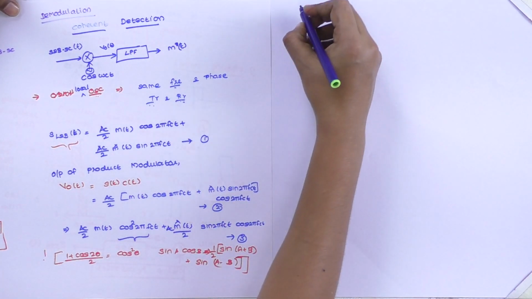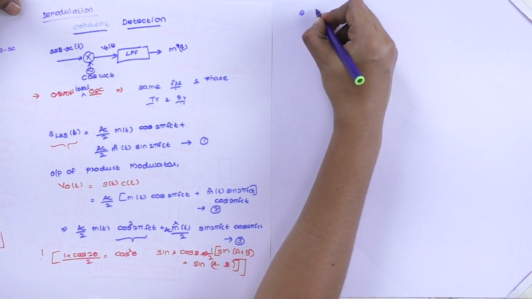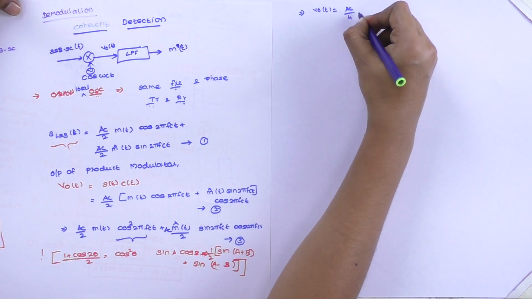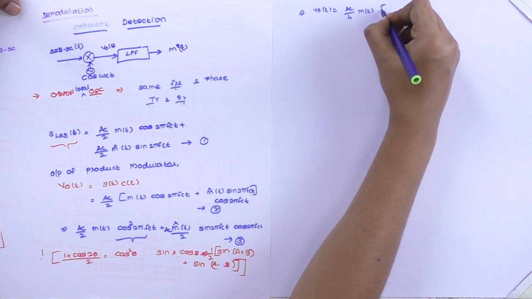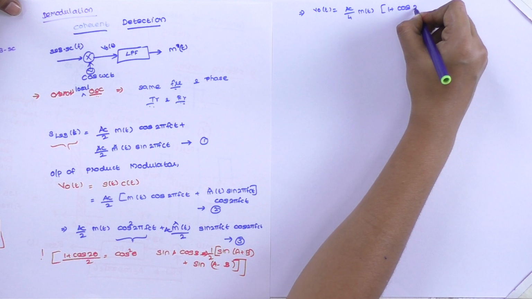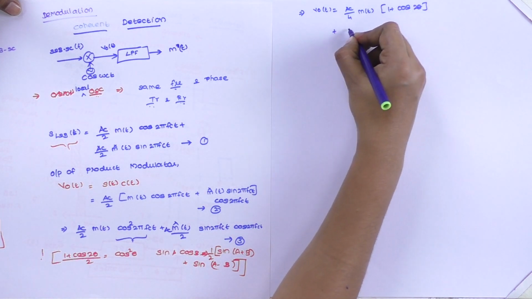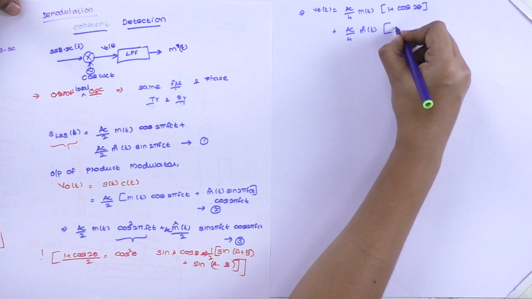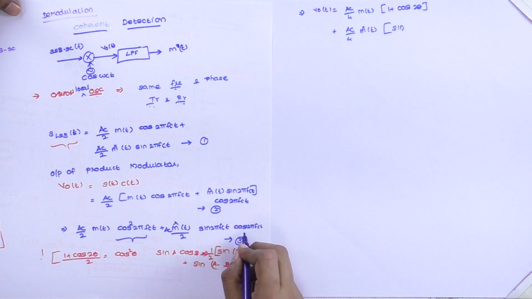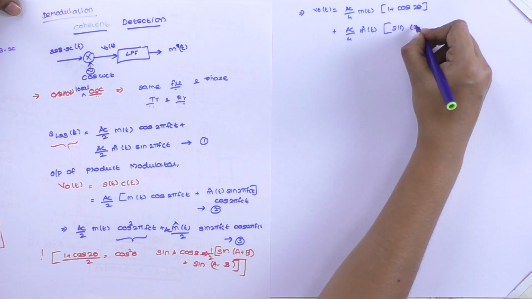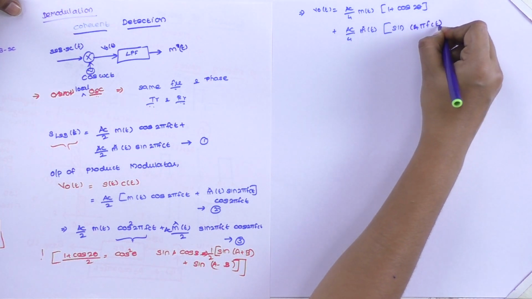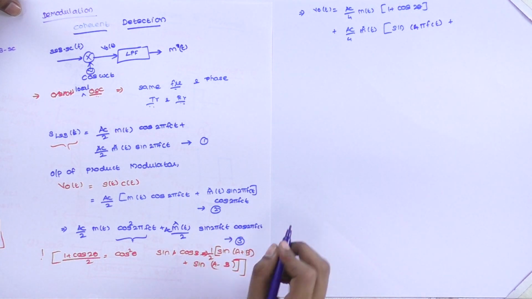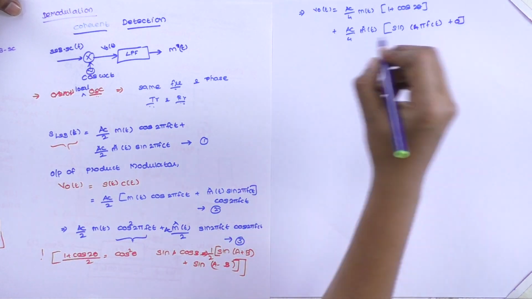So with the help of this trigonometric identity, V naught of t is given by Ac by 4 m of t, 1 plus cos 2 theta, plus Ac by 4 m cap of t sin A plus B. Therefore 2 pi fc plus 2 pi fc gives 4 pi fct, plus sin of 2 pi fc minus 2 pi fc is sin 0, which will be 0.